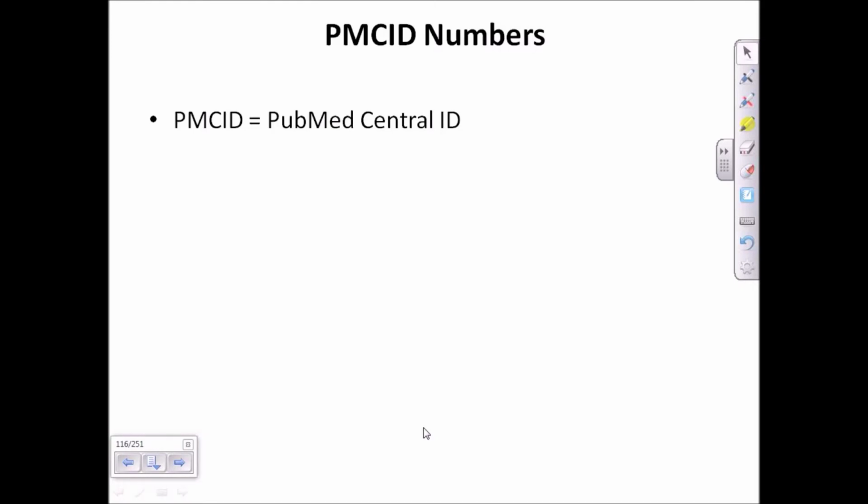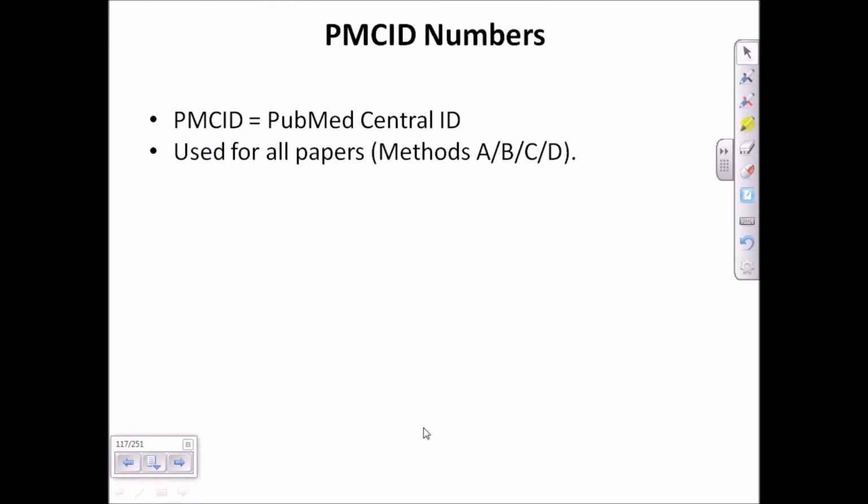Let's just give a little bit of background here on these two numbers. There's actually three if you include PMID, but the two that are important for the public access policy are the PMCID number and the NIHMSID number. So first, the PMCID number. PMCID stands for PubMed Central ID. It's used for all papers regardless of the journal type. So method A, B, C, or D journals, it doesn't matter.